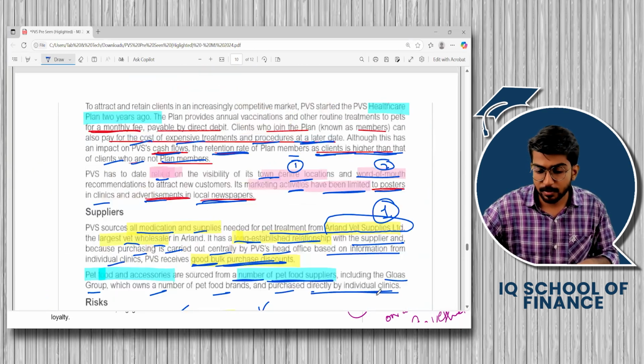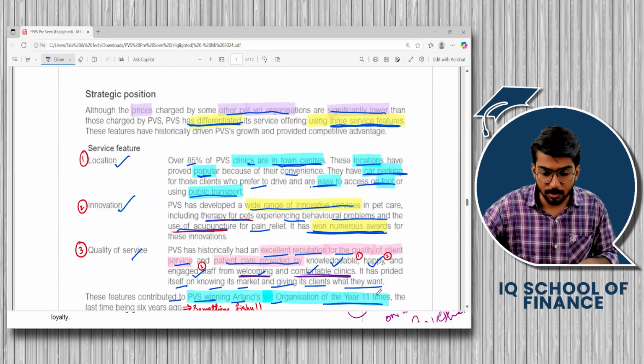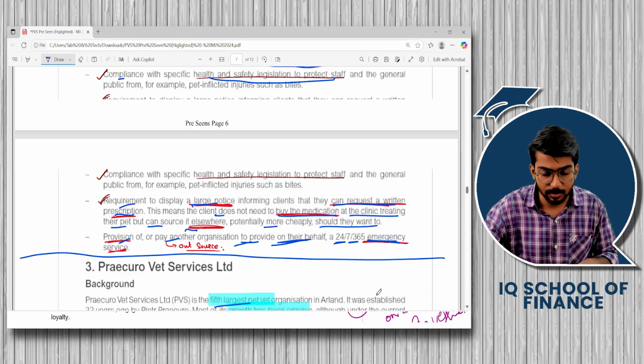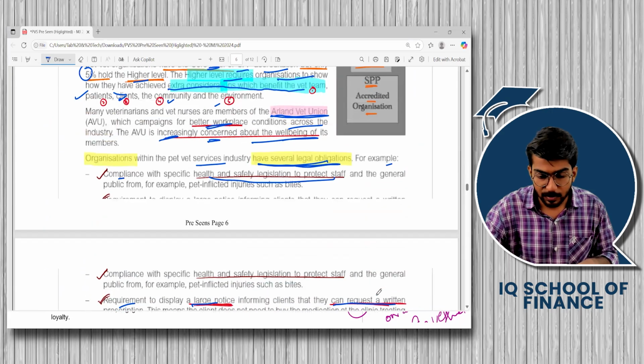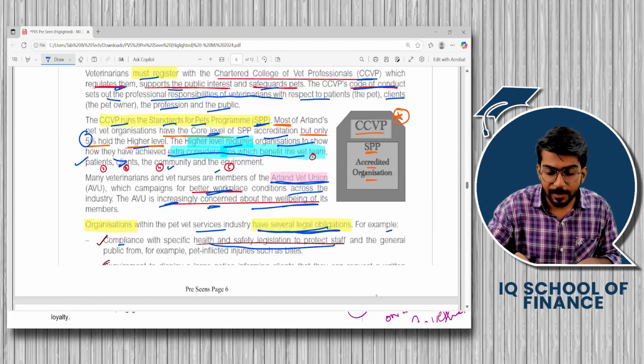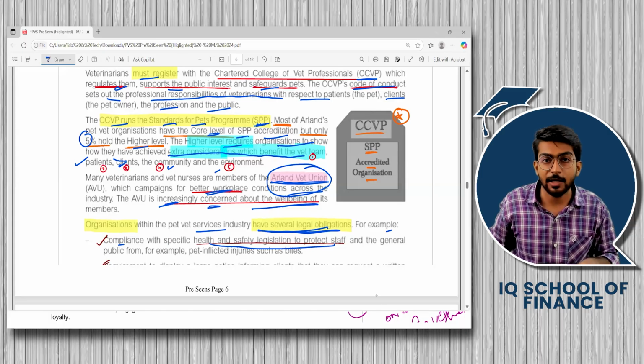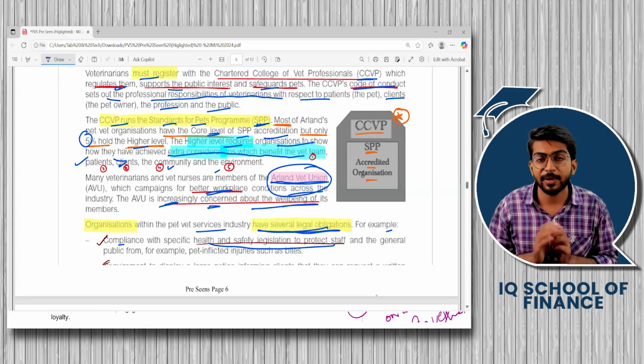It was near the CCVP or PPC, something like this. Yes, here. This is what I'm talking about. Ireland Vet Union. So if I'm going to make them redundant, don't you think that I would be facing the pressure or the reaction from this union?